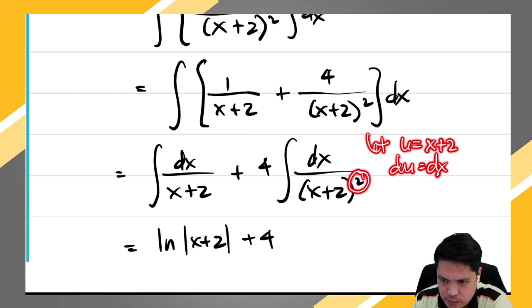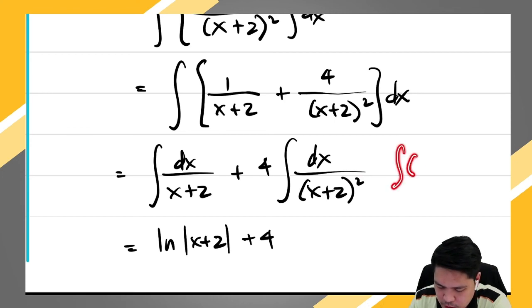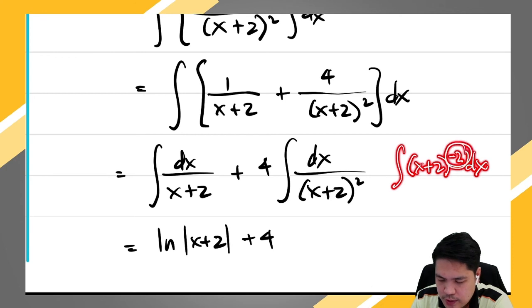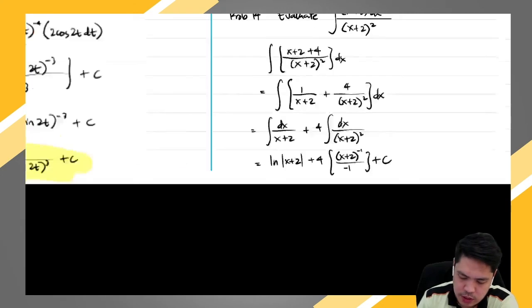Power formula ang gagamitin, or integration of powers, because this would be the same as the integral of x plus 2 raised to negative 2 dx, wherein n is negative 2. Okay? So this would be 4 times u raised to negative 2 plus 1, it would be negative 2 plus 1, so that's negative 1, over negative 1, plus c.